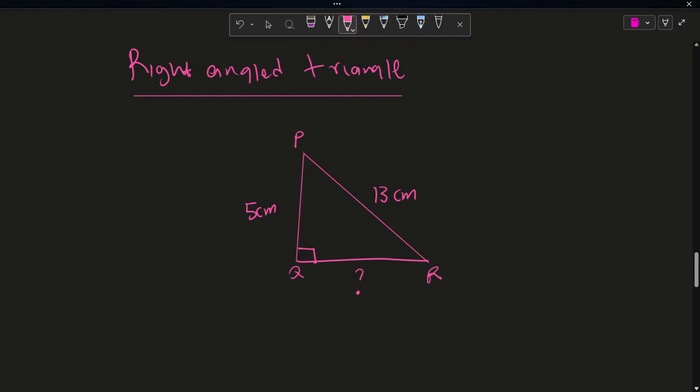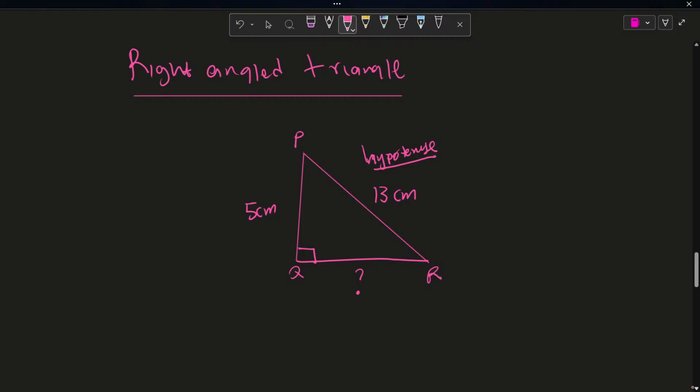All right. Now let's look at this other one. We are to find these two adjacent sides. We are given the hypotenuse, and we also have one of the sides, the adjacent side.